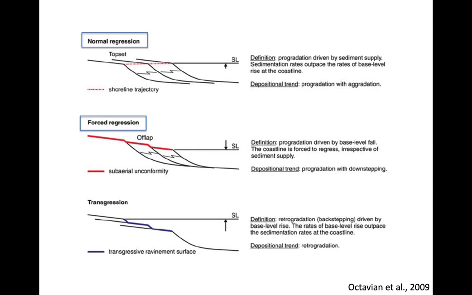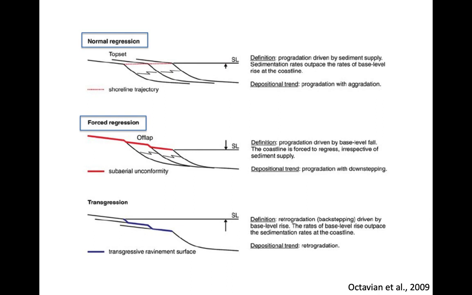We'll take half marbles, half water. If we start dumping marbles in there, even though it's full already, the water's not really going to be changing much, right? We're just going to be making less room for it. So that's what a normal regression is. We have more sediment coming into the system than water level is rising. So that's still going to be a regression. It's just what we call a normal regression.